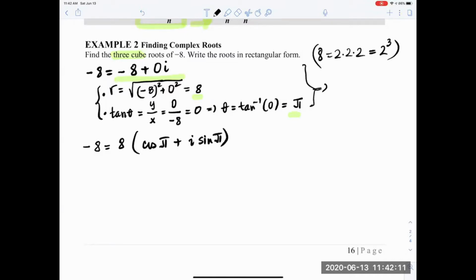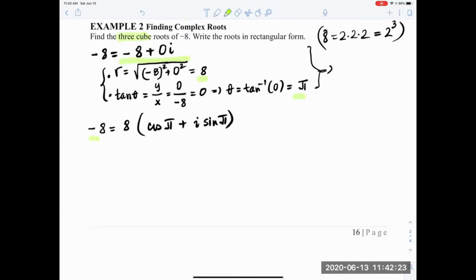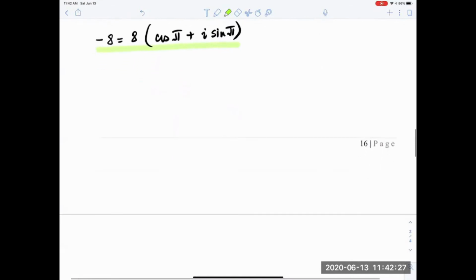So that is how to write it. Good, so right now we're going to find the cube roots. I'm going to highlight this because this is the part where we brought it to this format.